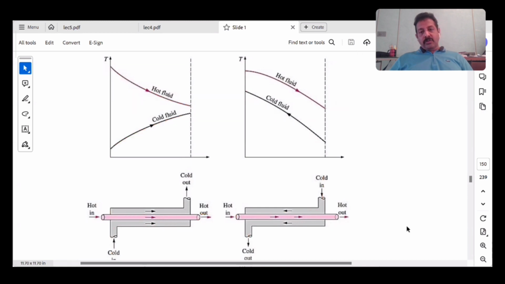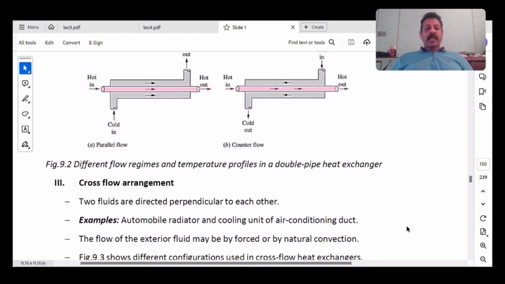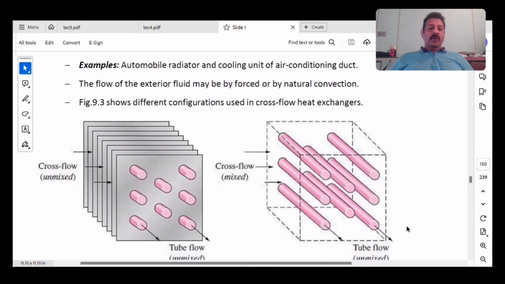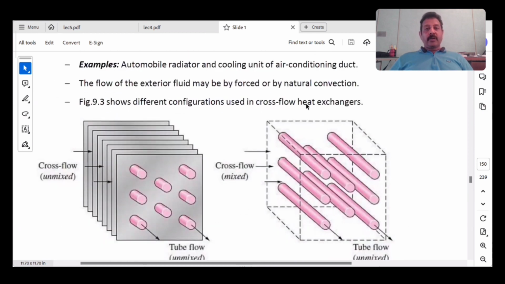Okay. So இன்னொரு டைப் இருக்கு, கிராஸ் ஃப்ளோ ஒன்னு இருக்கு. கிராஸ் ஃப்ளோனா பெர்பெண்டிகுலரா வரும். ஹாட் ஃப்ளூயிட் இப்படி என்டர் ஆகுது, இப்படி ஃப்ளோ ஆகுது. கோல்ட் ஃப்ளூயிட் will flow like this. Right?